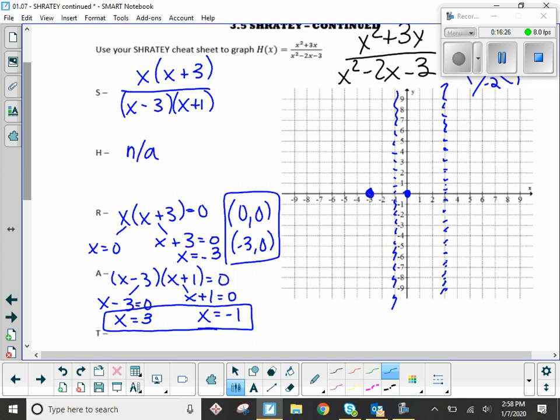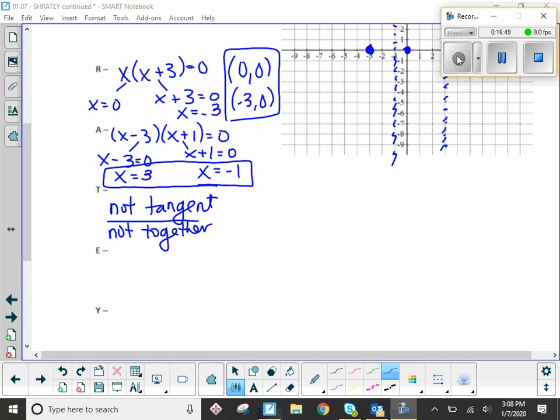So now I have some stuff. I have roots. I have vertical asymptotes. What's the next letter? T. T is obnoxious. Take a moment and read that whole section, please. I want you to write something back on your T section.